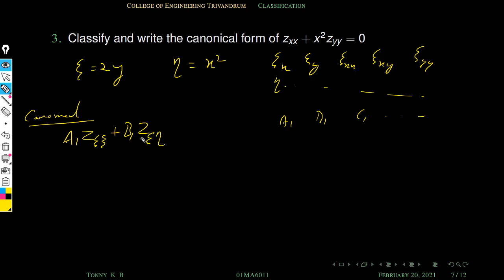The coefficient of z psi eta is b1. Then what about c1? C1 is the coefficient of z eta eta. Similarly we have a standard form. So our aim is to find all these partial derivatives. Using these partial derivatives, we can evaluate a1, b1, c1, everything. Then you substitute everything in this equation and simplify, we get the corresponding canonical form.